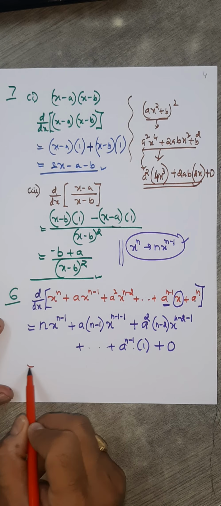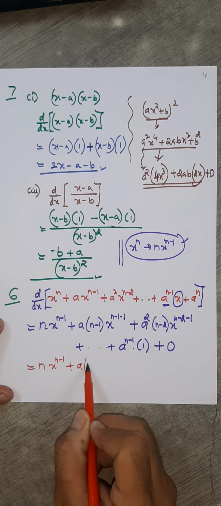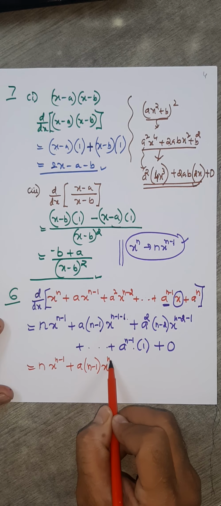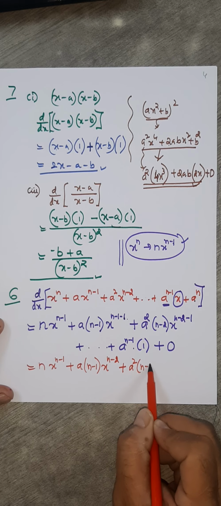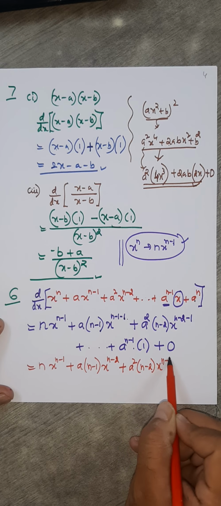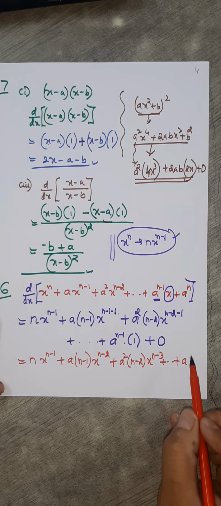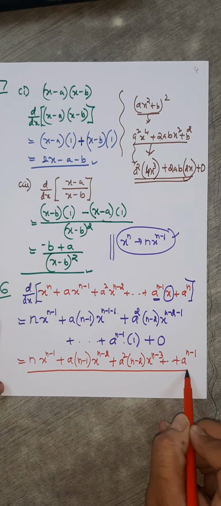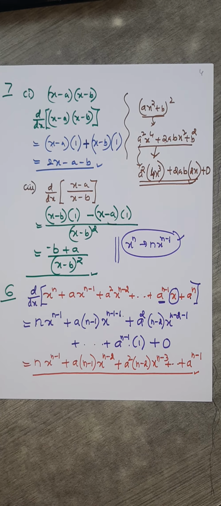So finally we are getting n into x raised to n minus 1, a into n minus 1 x raised to n minus 2, plus a square into n minus 2 into x raised to n minus 3, and so on. Finally you have here a raised to n minus 1. This is the final derivative of the given function.